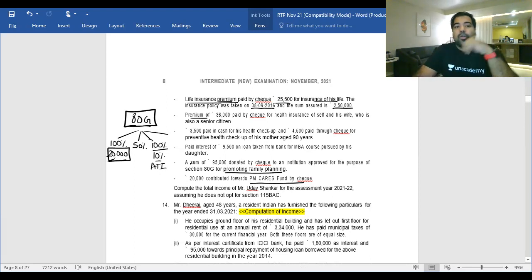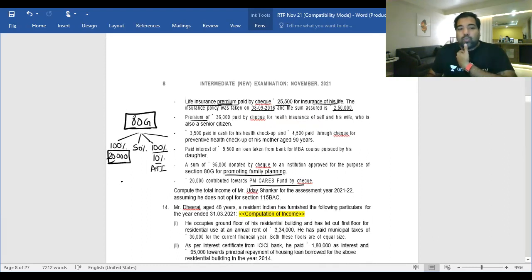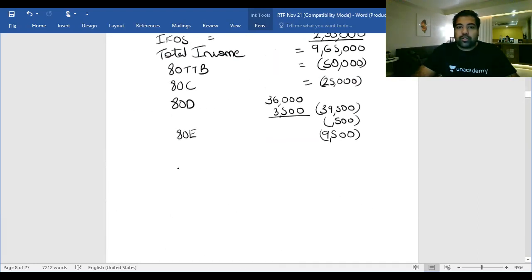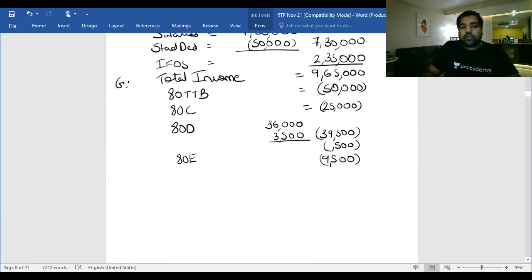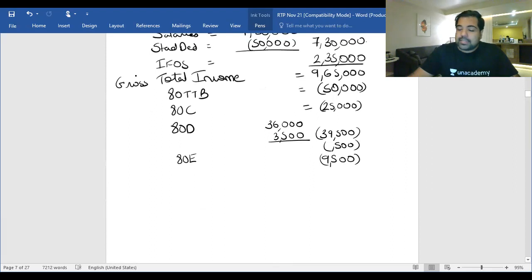Let's do that. What is ATI? It is whatever is your gross total income minus all the deductions except these. So what is your gross total income? Your gross total income is 9,65,000 minus 50,000 minus 25,000 minus 39,500 minus 1,500 and minus 9,500.